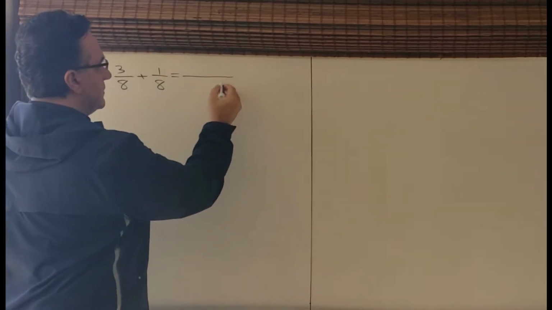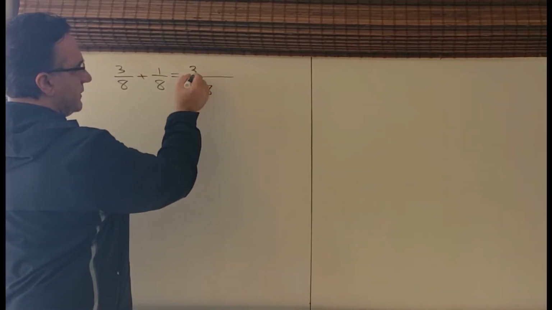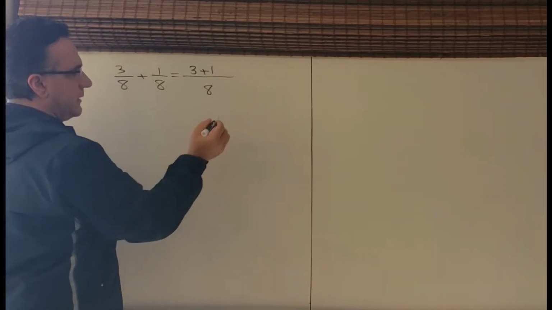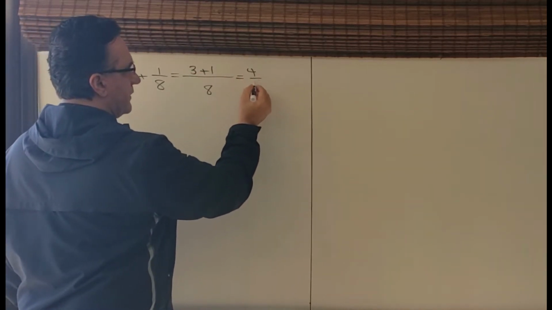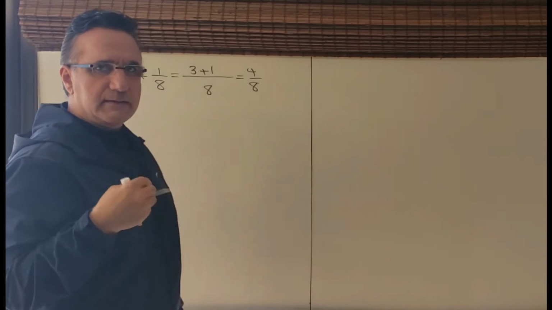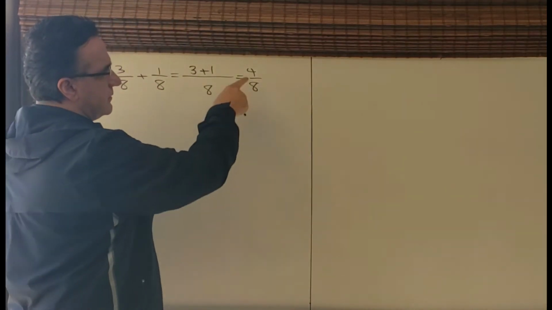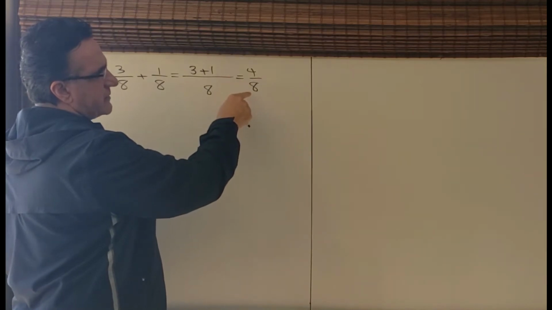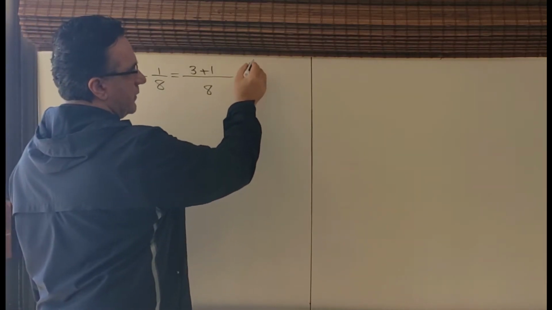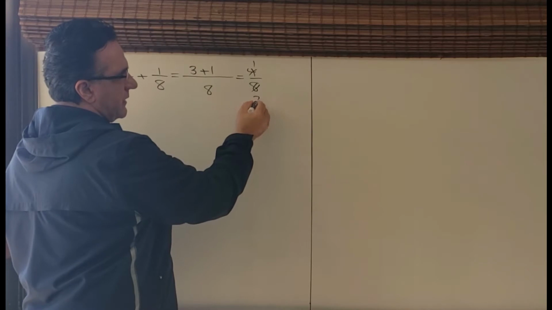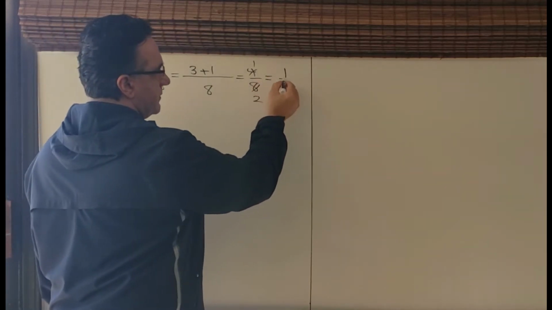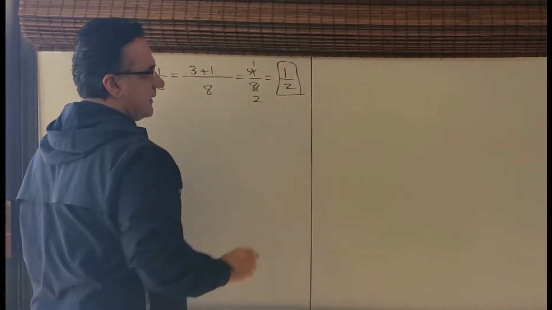So we just keep the 8, we add the 3 and 1, and we get 4/8. As always, the final answer has to be in simplest form, and that's a reducible fraction. We know that 4 goes into 4 once, and it goes into 8 twice. So we end up with 1/2 for our final answer.